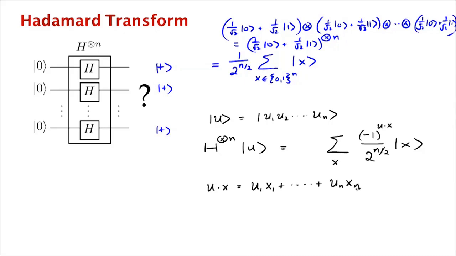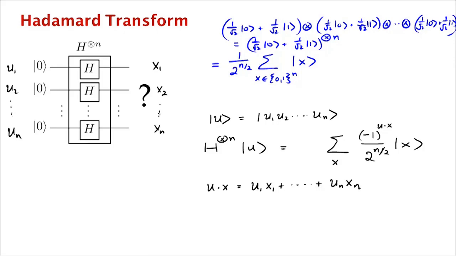So remember what we already discussed before. The only time you get a minus 1 sign is when your input bits, u1, u2, so on up to u sub n, and our output bits, x1, x2, and so on up to x sub n.